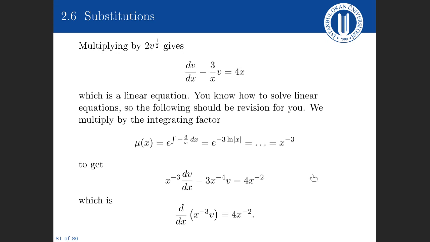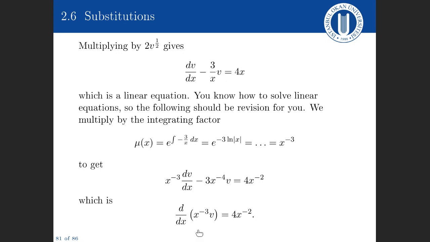To solve a linear equation, we need an integrating factor. Whatever function we have in front of the v, here it's minus 3 over x, we do e to the power integral of this function, and the integrating factor we want here is x to the power minus 3. So multiply the differential equation by x to the power minus 3.